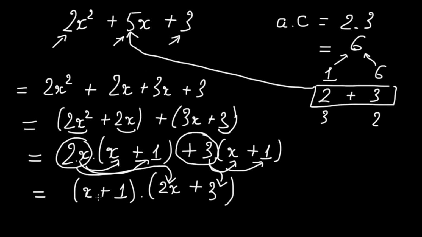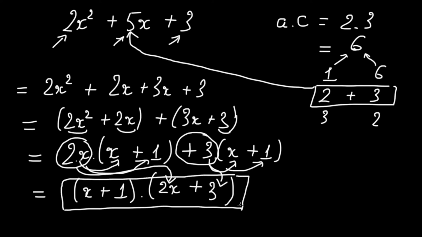You see, this is the final answer for the first example: x plus 1 times 2x plus 3. And this method is called the grouping method.